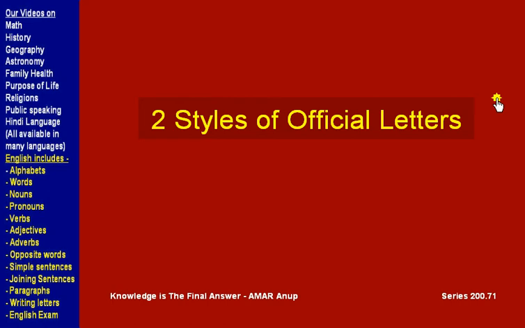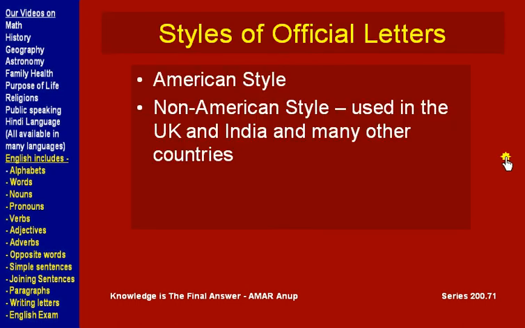There are two styles of writing official letters, and let's have a look at those. The styles of writing an official letter can be an American style or a non-American style. Non-American style is used in countries like the UK and in India and in many other countries, and the American style is used in America and many other countries.